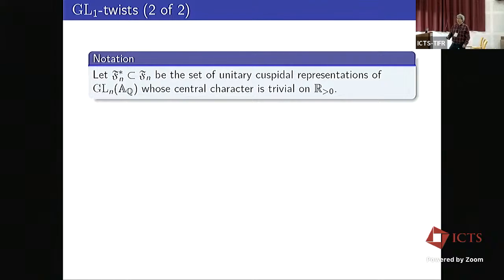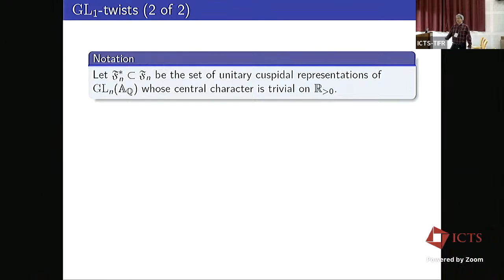Now, very often, unitary cuspidal representations are normalized in such a way that the central character is trivial on the embedded positive real numbers. This more restricted family will be denoted by F_n star for us.